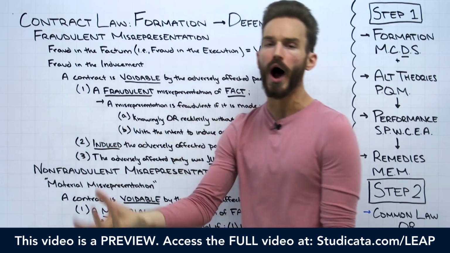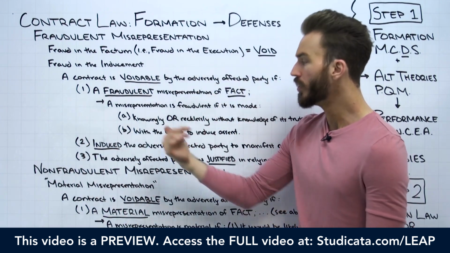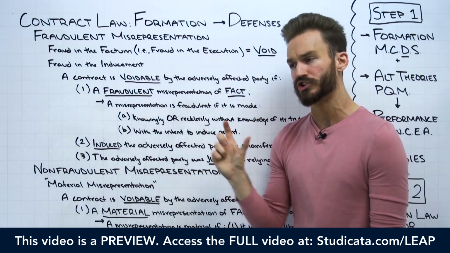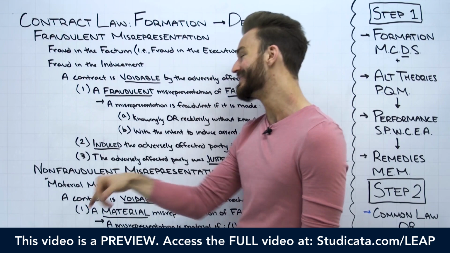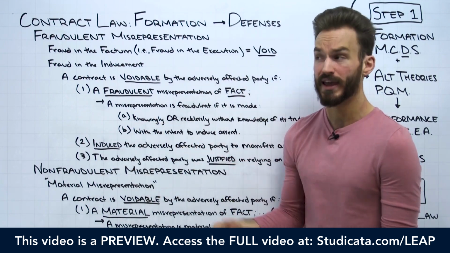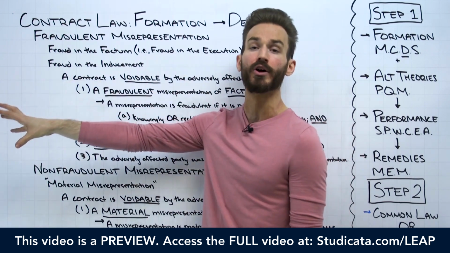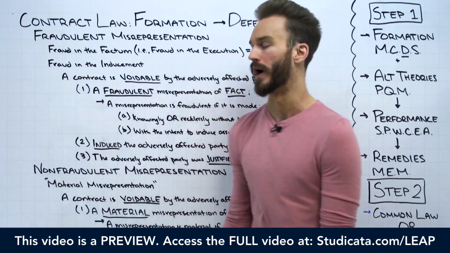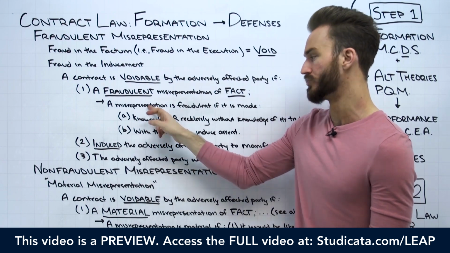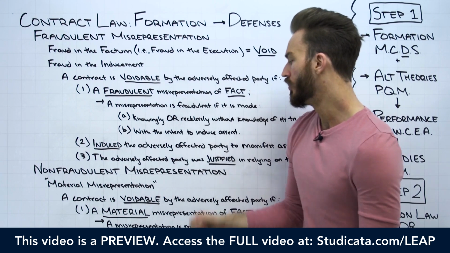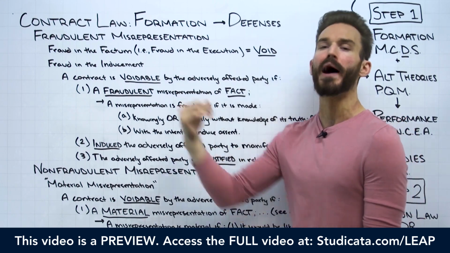Well, is that a fraudulent misrepresentation? Yeah. Number one, it's knowing. He knows that the assertion of fact he's making is not true. He knows the house is infested with termites and he's telling the buyer that it's not infested with termites. That's a knowing misrepresentation. And why is he making this misrepresentation? He wants to induce them to buy the house.